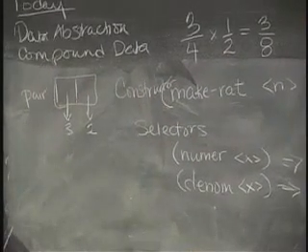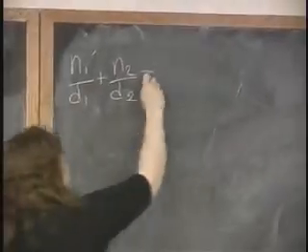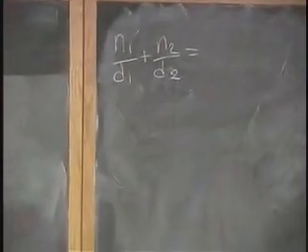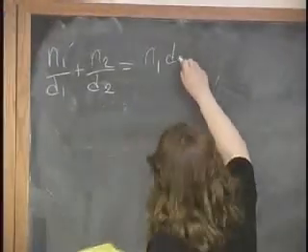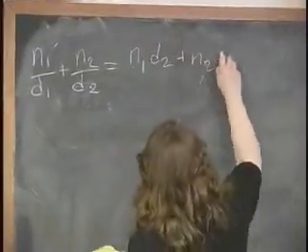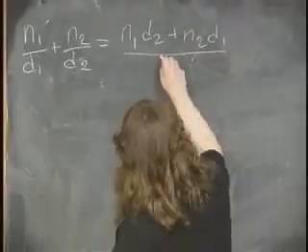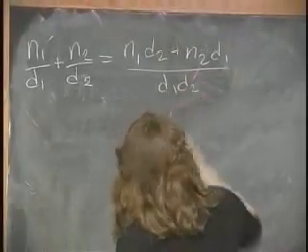Let's look at how we could write some code. We're going to add two rational numbers, n1/d1 plus n2/d2, which is n1 d2 plus n2 d1 over d1 d2.